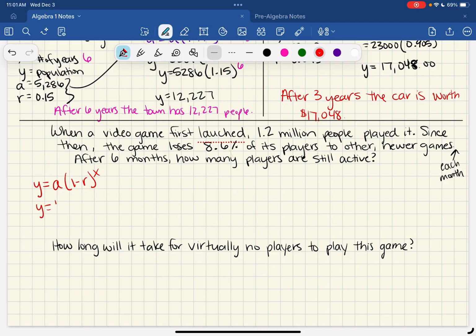So y equals 1.2 million times 1 minus 0.086 to the x. What's that x going to be that I can replace? Good, it's going to be 6. So 1 minus 0.086 is 0.914.